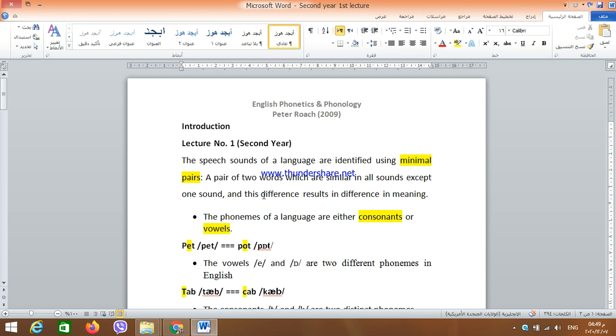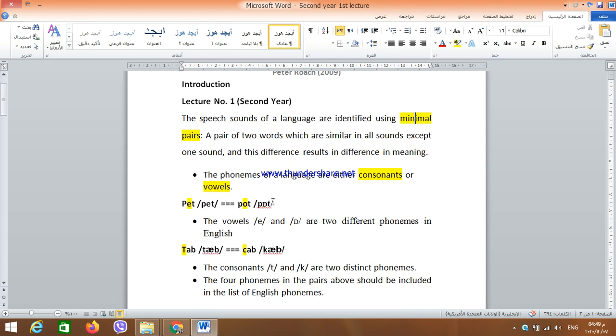So we have only one sound that is different in the two words, and this difference causes a difference in meaning. If a difference in pronunciation does not cause a difference in meaning, we cannot say that this is a minimal pair.